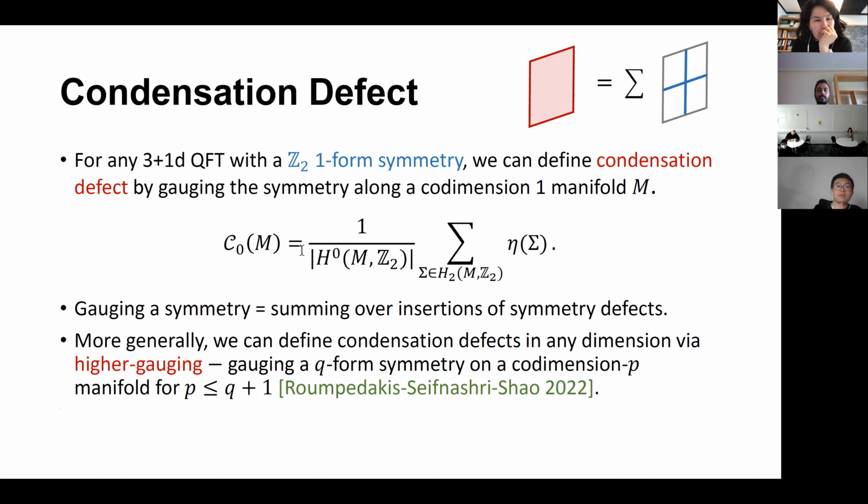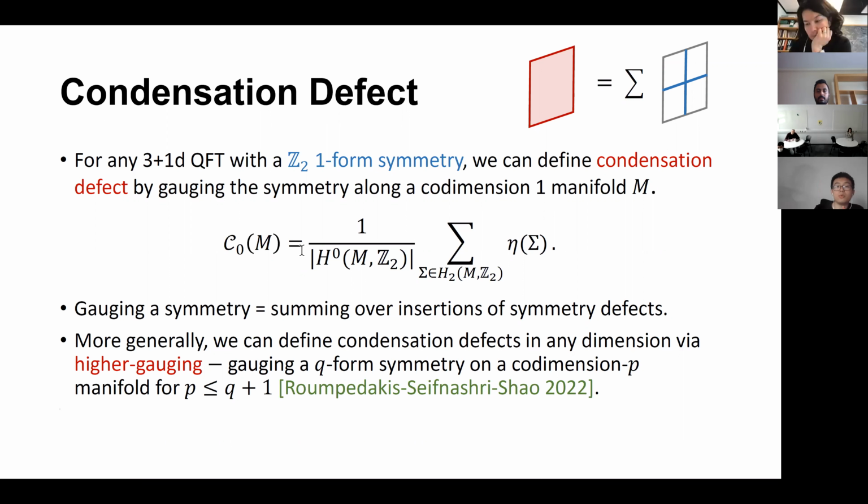The way it works is that we simply gauge the Z2 one-form symmetry along a codimension-one manifold M. Usually when we talk about gauging, we say that we gauge a symmetry on the whole space, which means that we sum over all possible insertions of symmetry defects on that space. But now we are talking about gauging the symmetry along a codimension-one manifold.